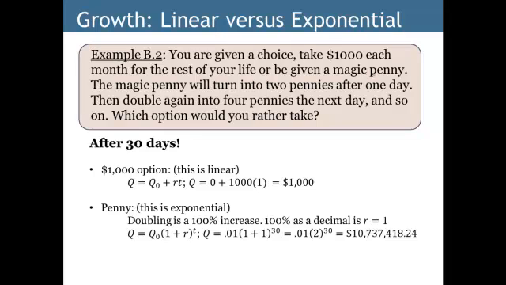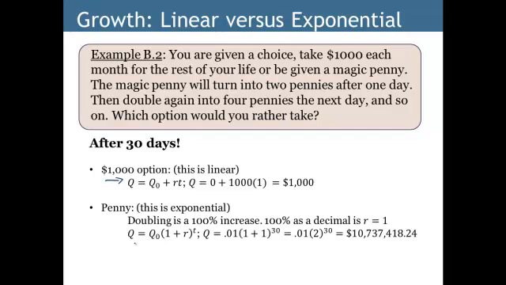Take $1,000 each month. That would be linear. You're adding 1,000 every month. So we would use the linear equation here. You start with nothing, and your rate's 1,000. And if I did this after 30 days, we'll say that's 1 month. So after 1 month, you have $1,000, right?